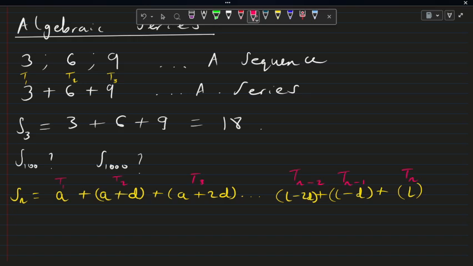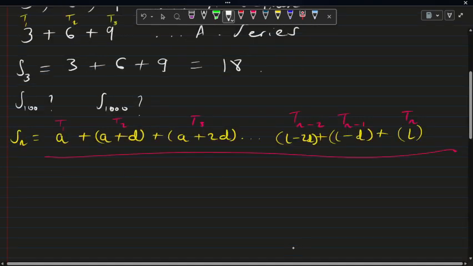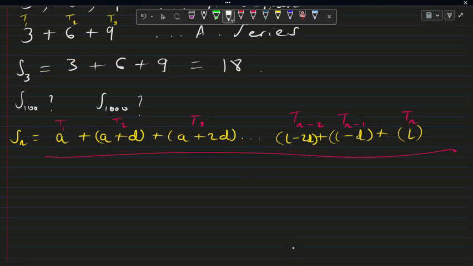Hopefully you are asking the question, where does all of this come from? I'm hoping that you are asking that question. So let's briefly talk about that very quickly. You will remember that when we were talking about arithmetic sequences or arithmetic patterns, we said that T1 is represented by the letter a.